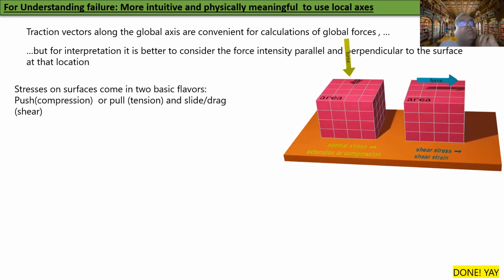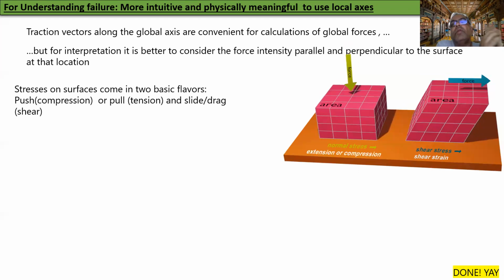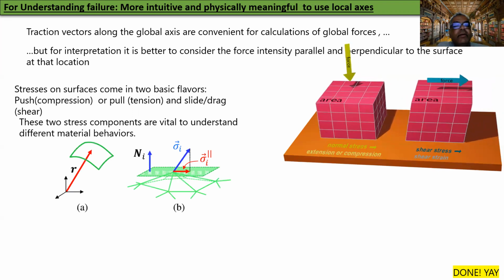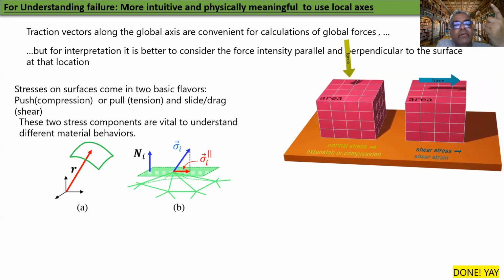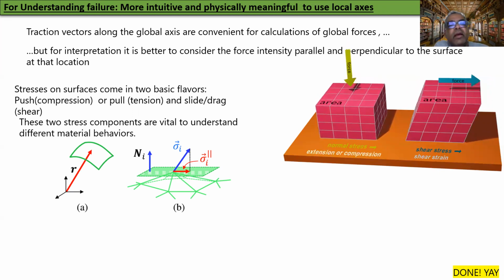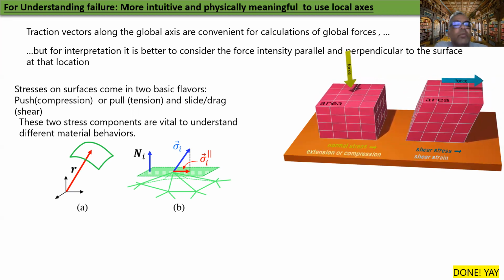So surface forces, stress intensity, come in two basic flavors: push and pull, normal stresses, and slide or drag, shear stresses. So what it means is that we take whatever, sigma i, can you see that's the force vector, and we resolve it, that's a traction vector, force intensity vector, and we resolve it as parallel, which is the shear component, and perpendicular, which is the normal component.